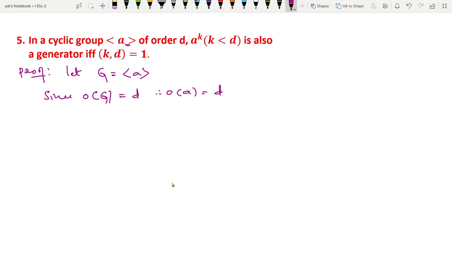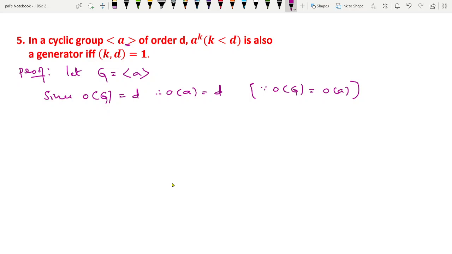So ಅದು ಕೂಡ same ಇರುತ್ತೆ because the order of G is the same as the order of the element a according to the third property. Okay, so next ನಾವು ಈಗ ಏನು ಪ್ರೂವ್ ಮಾಡಬೇಕಂದ್ರೆ a to the power of k is also the generator, ಅಥವಾ a to the power of k generator ಆಗಿದ್ರೆ k ಮತ್ತೆ d ಎರಡು ರಿಲೇಟಿವ್ಲಿ ಪ್ರೈಮ್ ಆಗುತ್ತೆ ಅಂತ ಪ್ರೂವ್ ಮಾಡಬೇಕು.